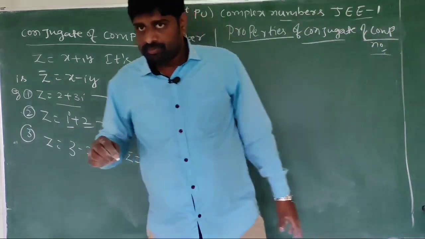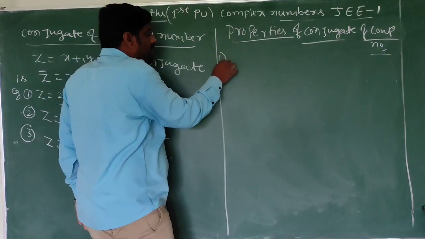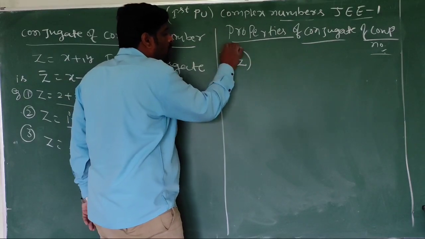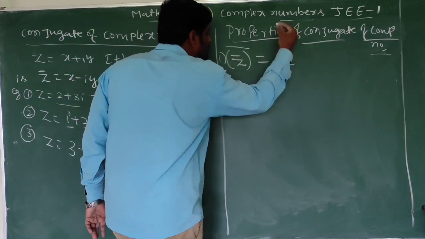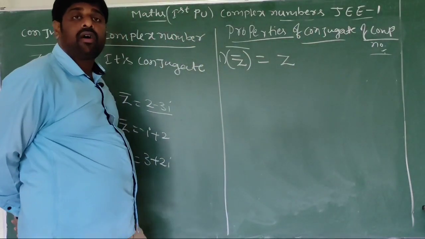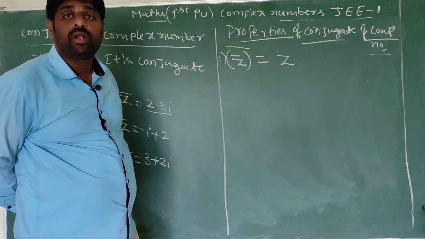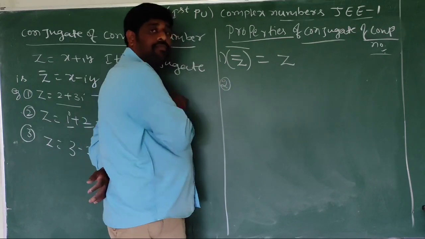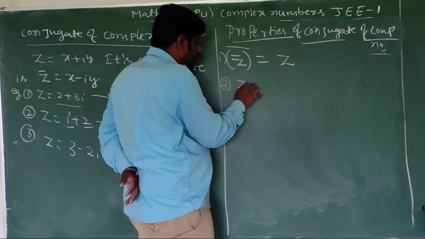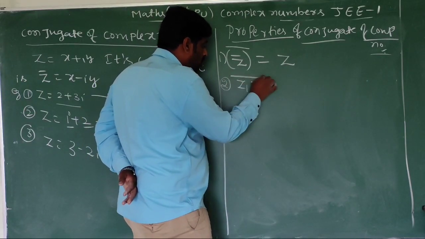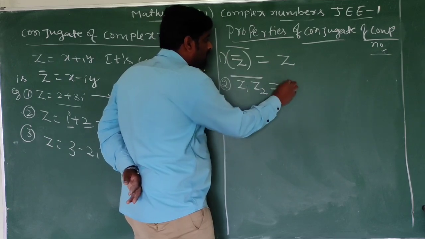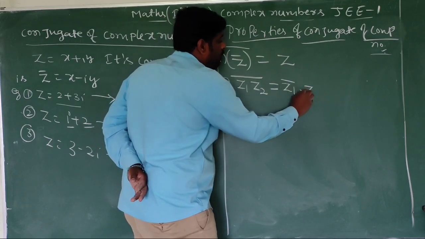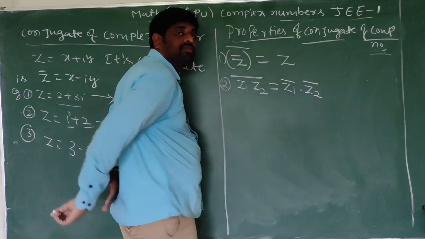First one, z bar whole bar is z. Second property, Z1 Z2 whole bar is Z1 bar into Z2 bar.